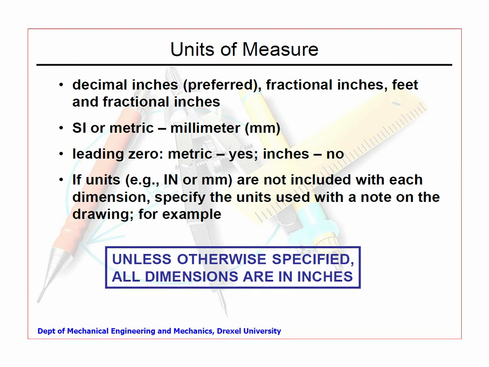Since this was made for the United States, and elsewhere in the world except the US, most of us have all become Systems International or the metric dimensions, a small problem happens here, especially in the case of our students who enter our colleges in this part of the world.